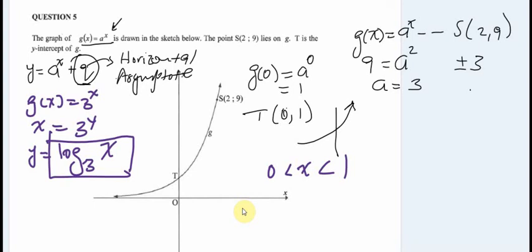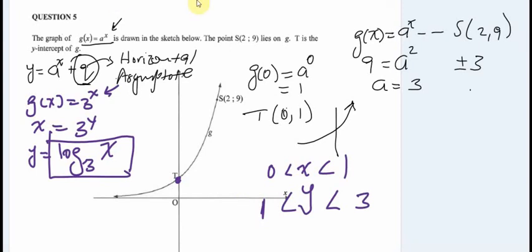When x is 0, y is 1. When x is 1, what is our y? When you plug in 1 here, you get 3. So y is 3 when x is 1.